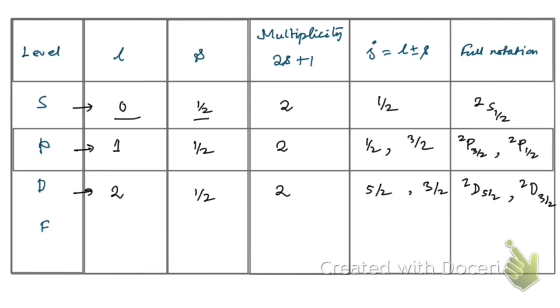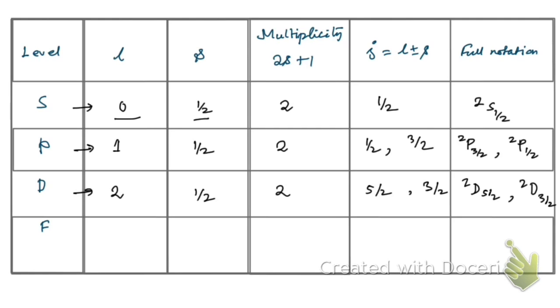Then the last one, the f orbital. For f, the value of L is 3 and spin quantum number is half, and multiplicity again 2. So here we're gonna get 7 by 2 and 5 by 2. Okay, so we must know these things.